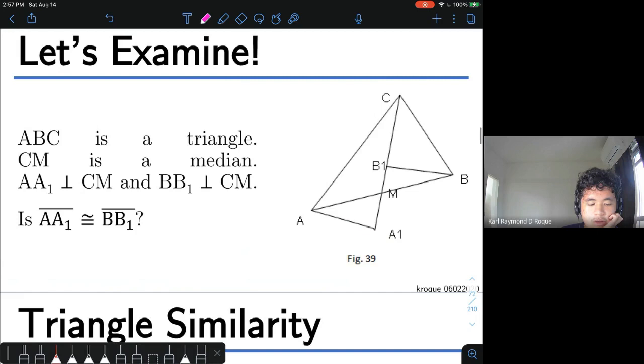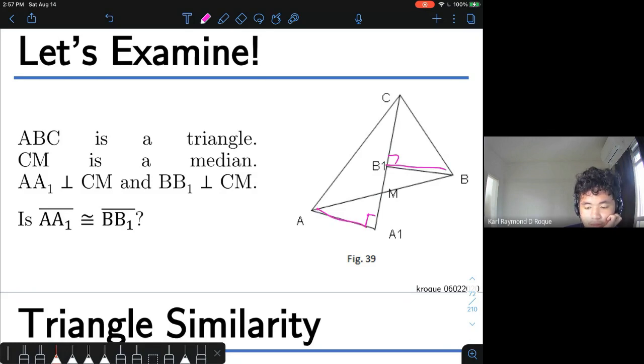Next. ABC is a triangle. CM is a median. AA1 is perpendicular to CM, and BB1 is perpendicular to CM. Is AA1 congruent to BB1? Ito ba congruent dito?